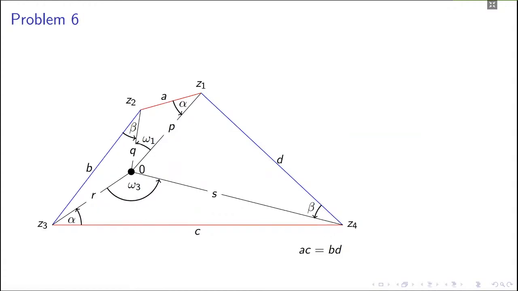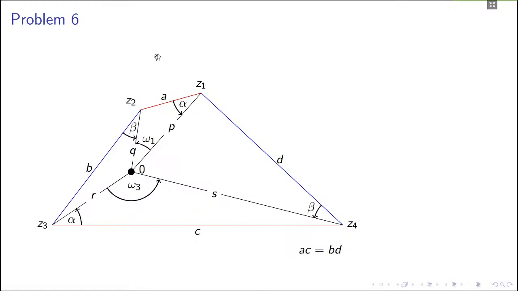This is my origin, and I call these four vertices Z1, Z2, Z3, Z4. It's not important whether this point O is unique or there are multiple points. If there are multiple points, you can do it one by one, and every time you can change the origin to a different point and do the calculations again.